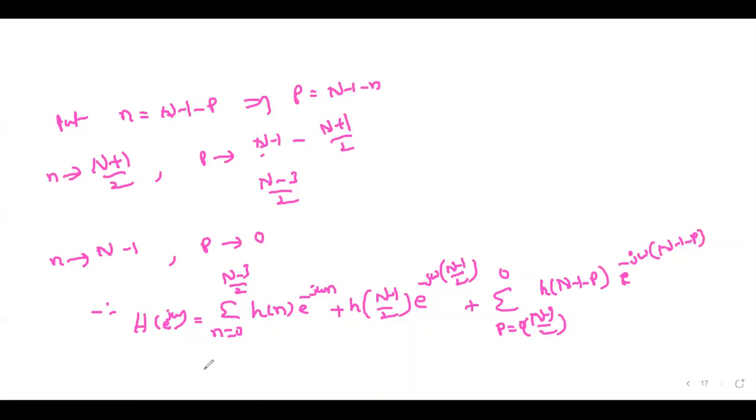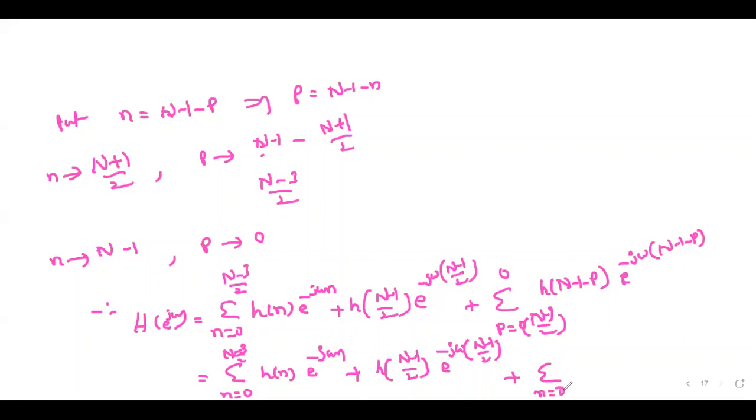Okay, in place of p again I can replace small n. Therefore, it will be equal to summation n is equal to 0 to (N minus 3) by 2 of h of n e power minus j omega n plus h of (N minus 1) by 2 into e power minus j omega of (N minus 1) by 2, plus the summation limits also can be reversed.